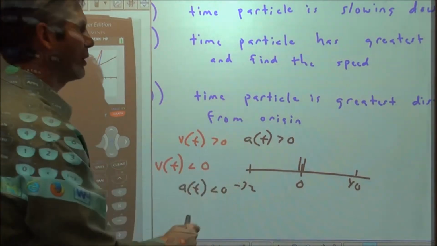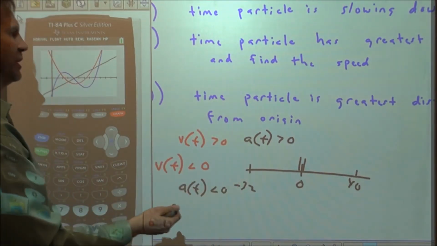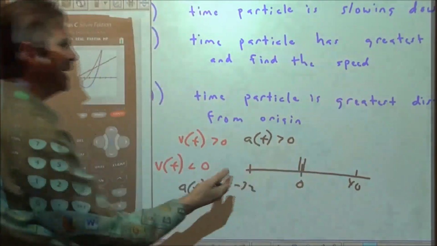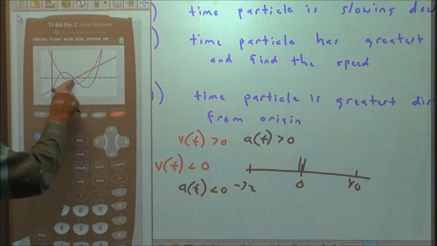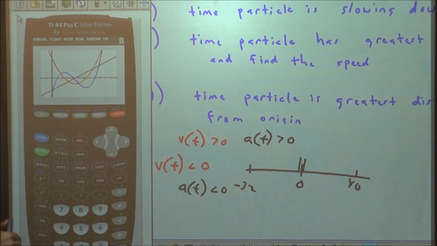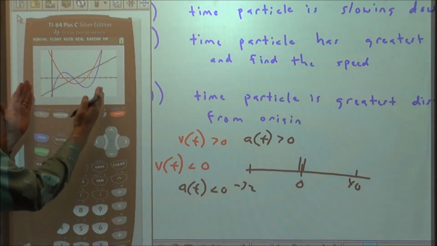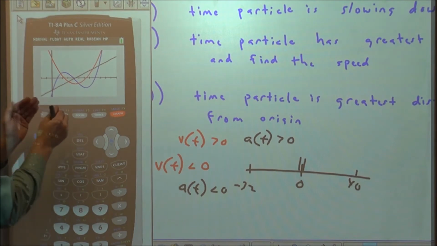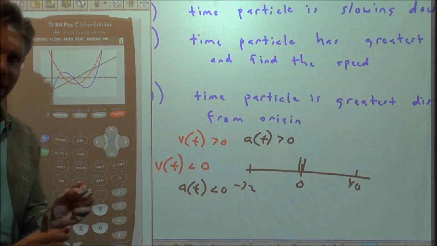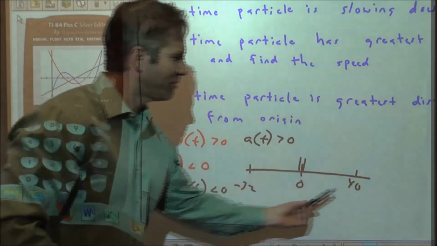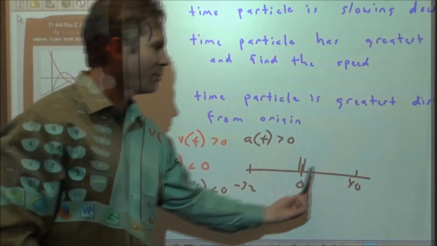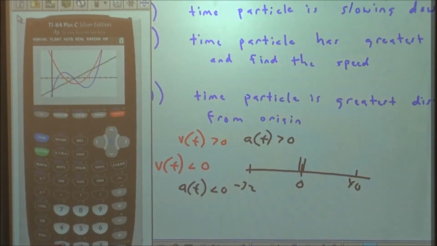Finally, the time the particle is the greatest distance from the origin. Well, distance, think about that. You go back to the original function in blue. That tells you the distance from the lamppost. And again, in that interval from 0 to 10 seconds, where the blue function is the furthest from the x-axis means that's when the bug is the furthest from the light post, either in the positive direction or the negative direction.